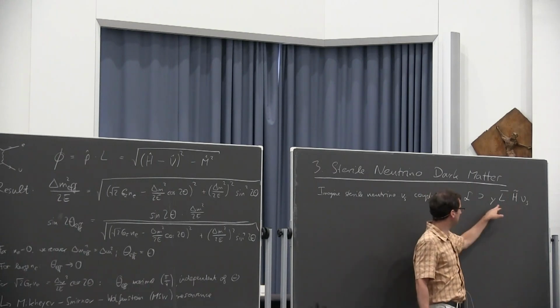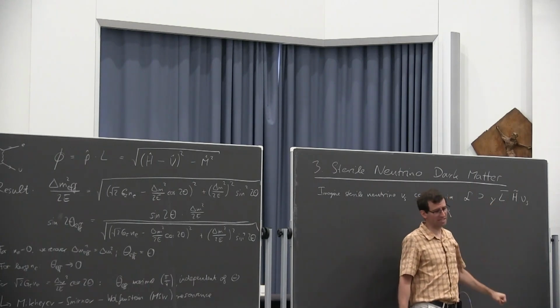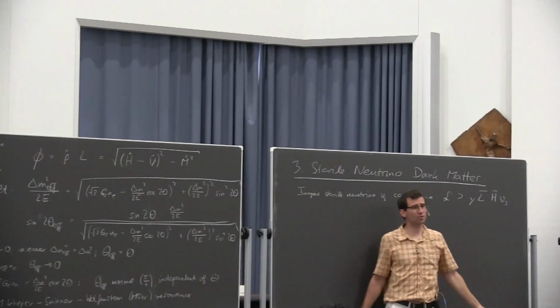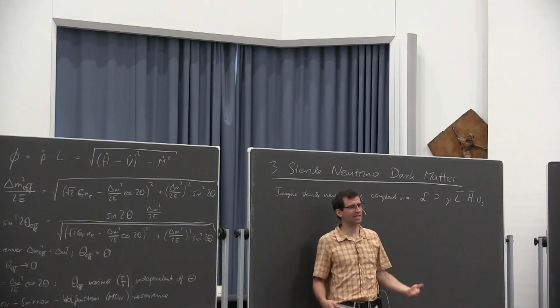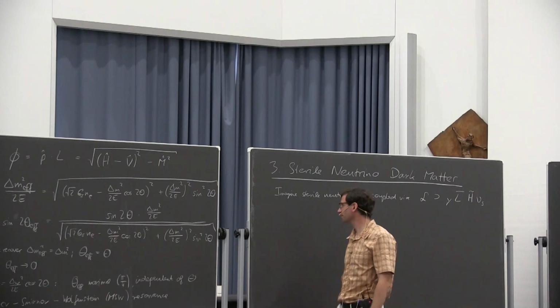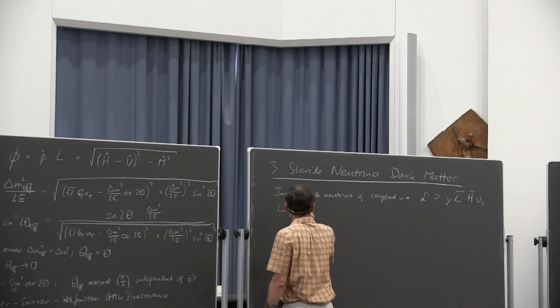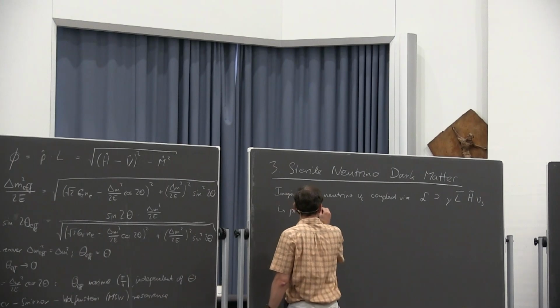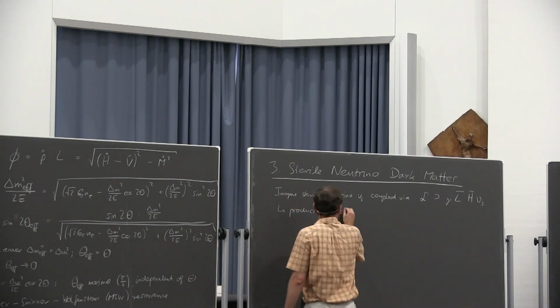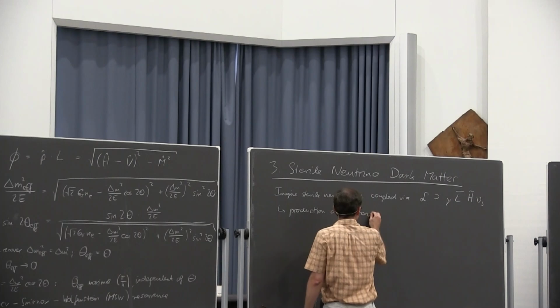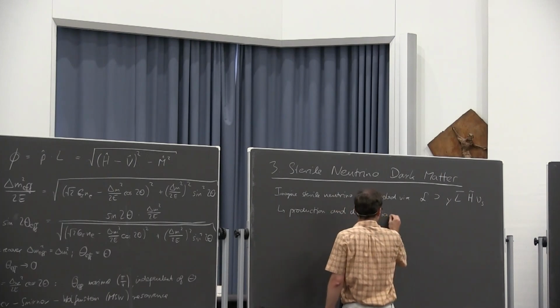Because obviously through that interaction, the sterile neutrino has a way of decaying, and that decay should be sufficiently slow so that the dark matter is still around. So, production and decay via this coupling.